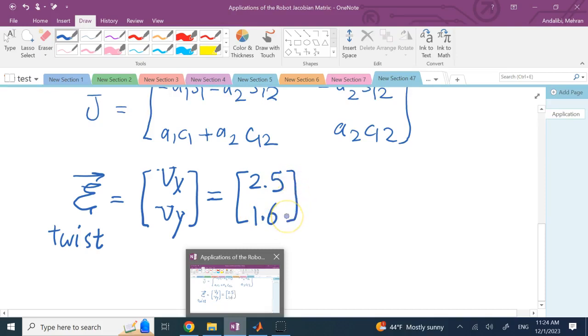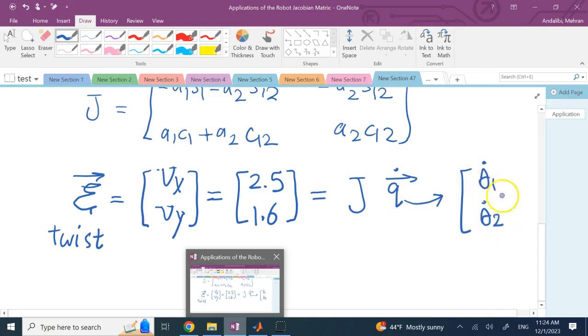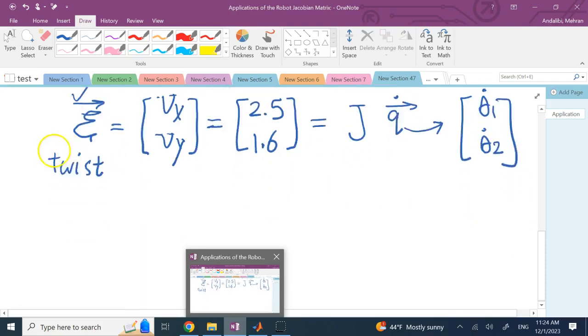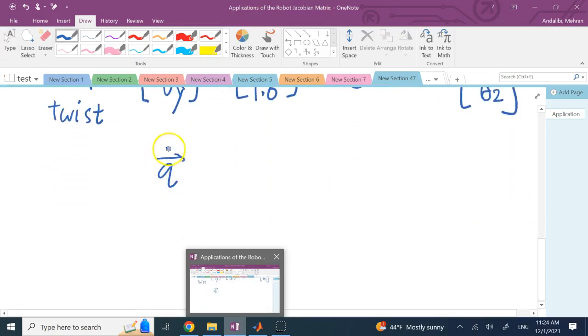And this is equal to J times Q dot, vector Q dot, where this Q dot is, in this case, theta 1 dot and theta 2 dot, or Q1 dot and Q2 dot. And here the left side is given, the right side is unknown. Therefore, Q dot is J inverse times xi. Okay, and that's all we need to do.